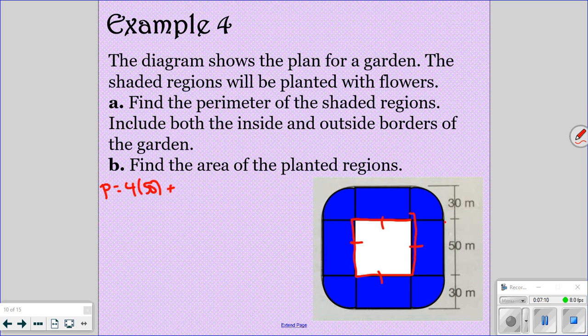And then this part's 50, this part is 50, this part is 50, and this part is 50. So another 4 times 50. And then we've got this piece, this piece, this piece, and this piece, which together make up a full circle. So perimeter of your circle is pi times your diameter, or 2 pi times your radius. And they tell us the radius is 30.